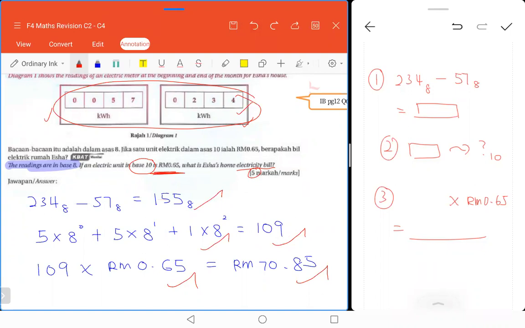No questions? Can continue. So basically, this is what chapter 2 will test you: conversion, and then the place value, the digit value, addition, subtraction. Okay, that's all.